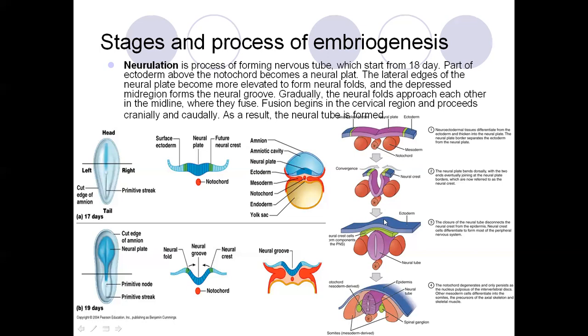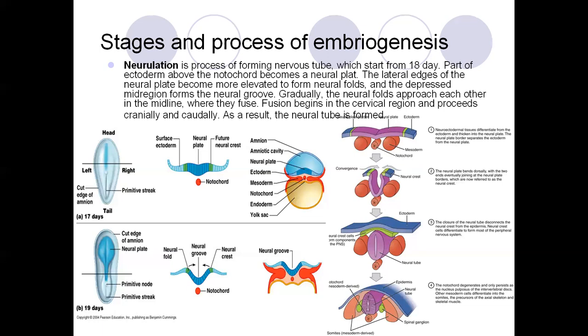As the neural folds elevate and fuse, cells of the lateral parts border, which are the neural crests, this part and this part, of the neuroectoderm begin to dissociate from their neighbors.